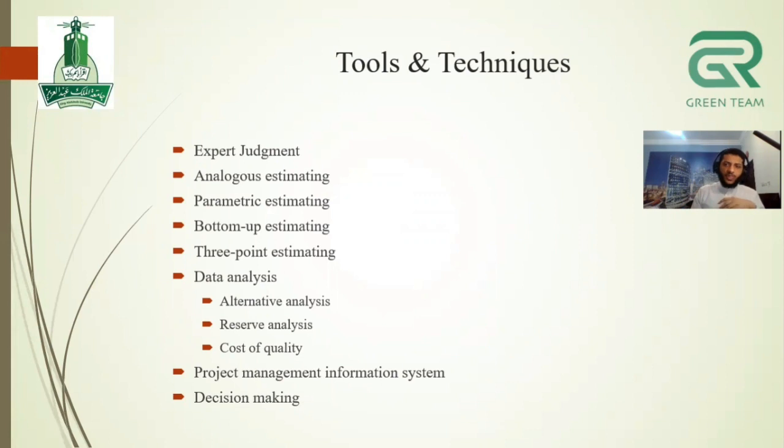So you will go through the activities for your project and estimate the cost for each activity, and then sum all the costs for all the activities, and this is the project budget, or the cost for your project. So this goes from bottom to up.